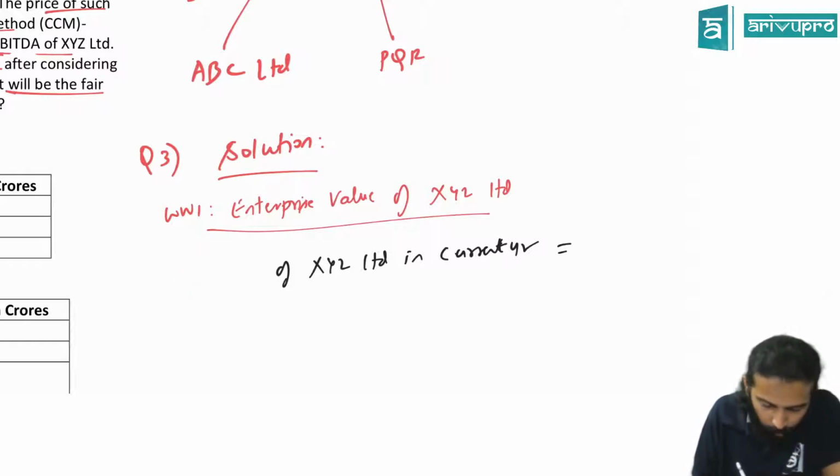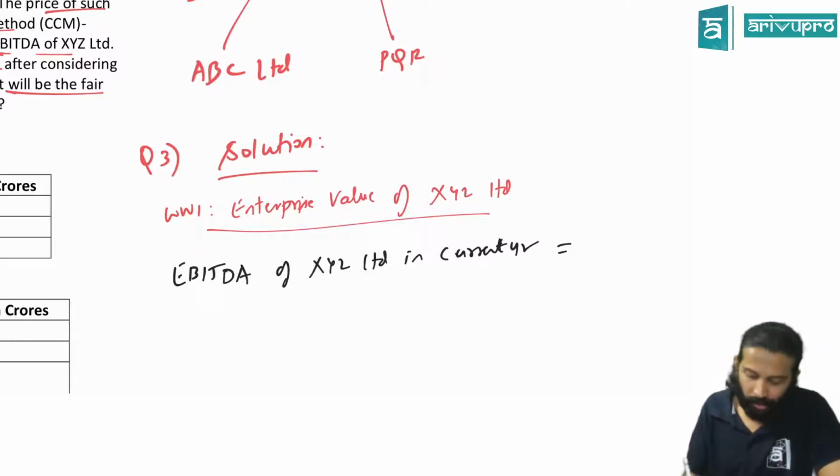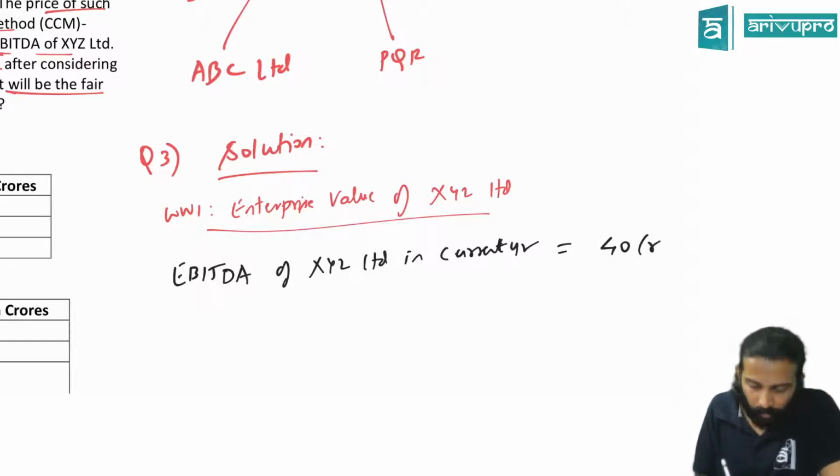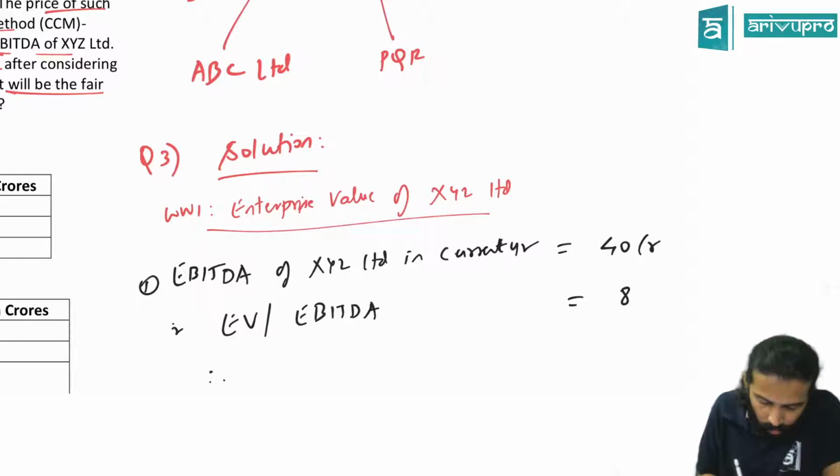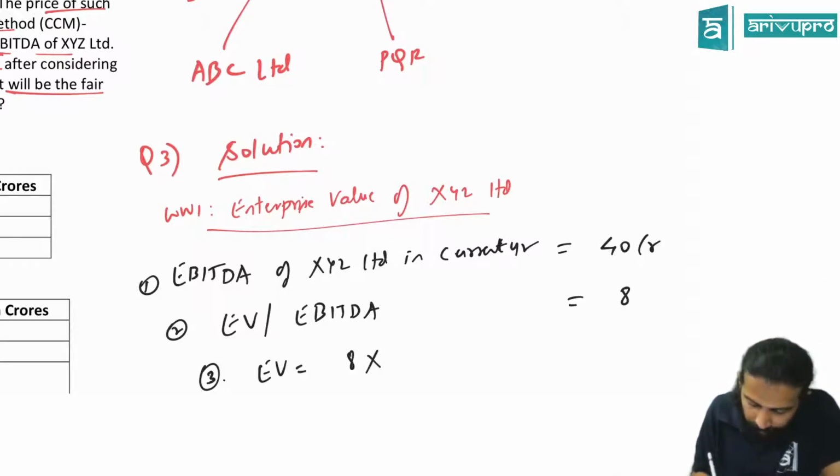Earnings before interest, tax, depreciation, amortization. That is EBITDA. How much they have given? 40 crore. And they told enterprise value, EV divided by EBITDA, is 8. Therefore, enterprise value is equal to 8 times EBITDA.